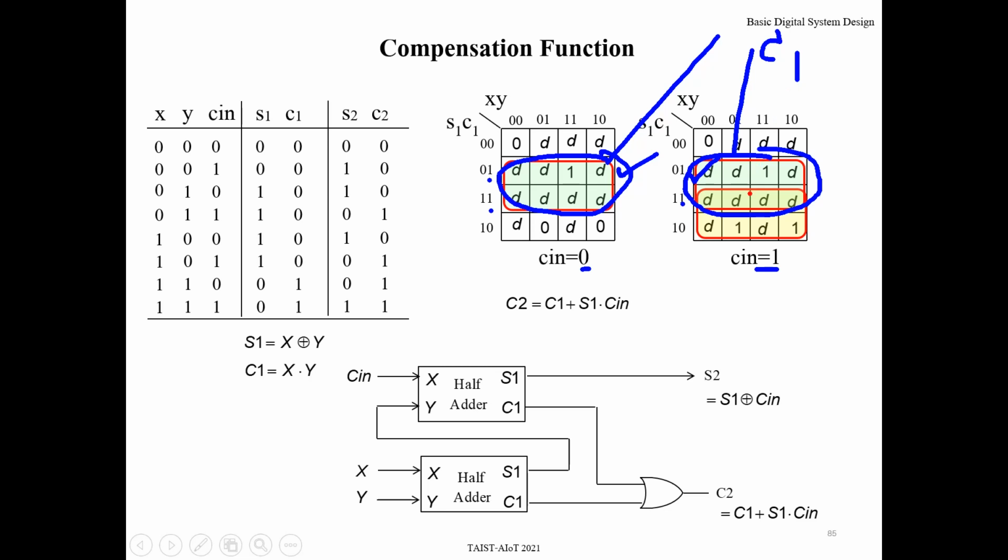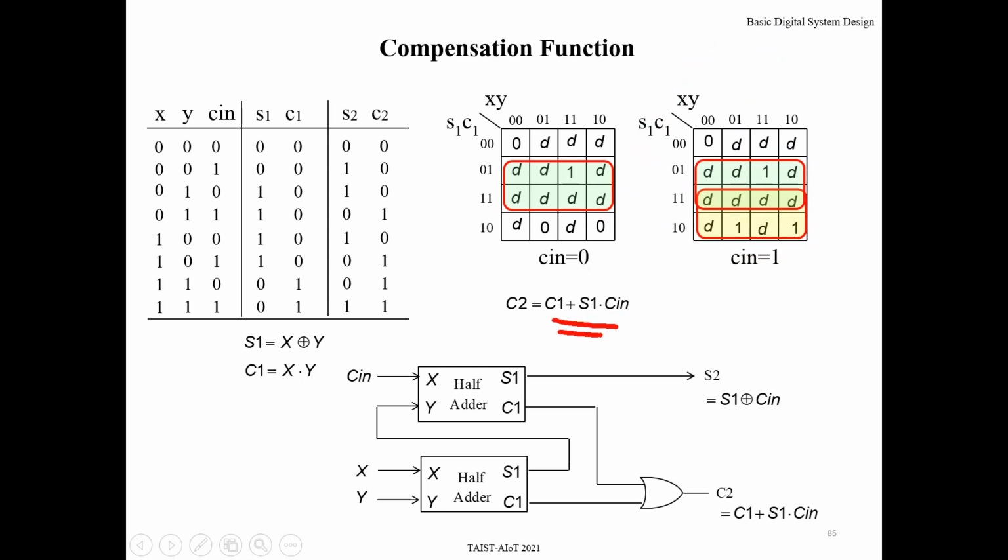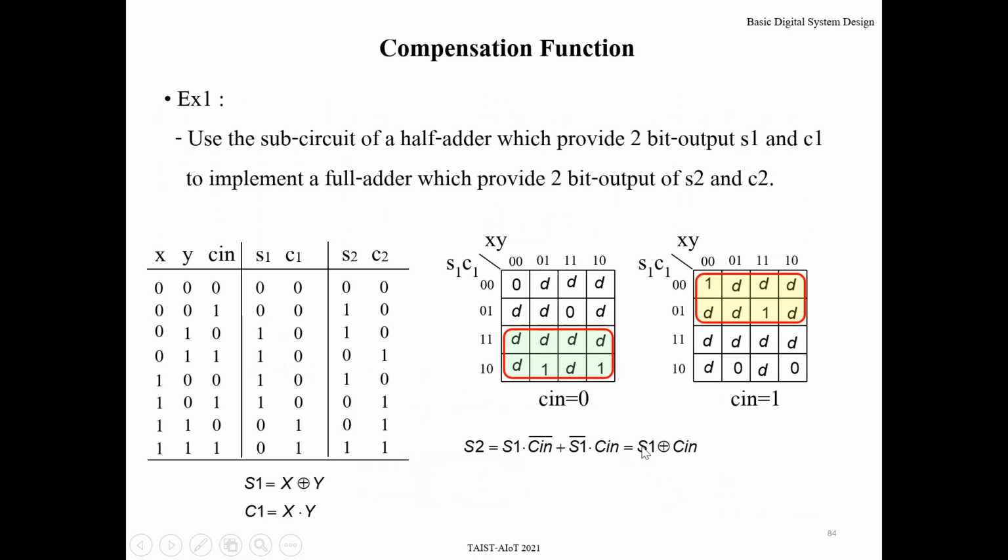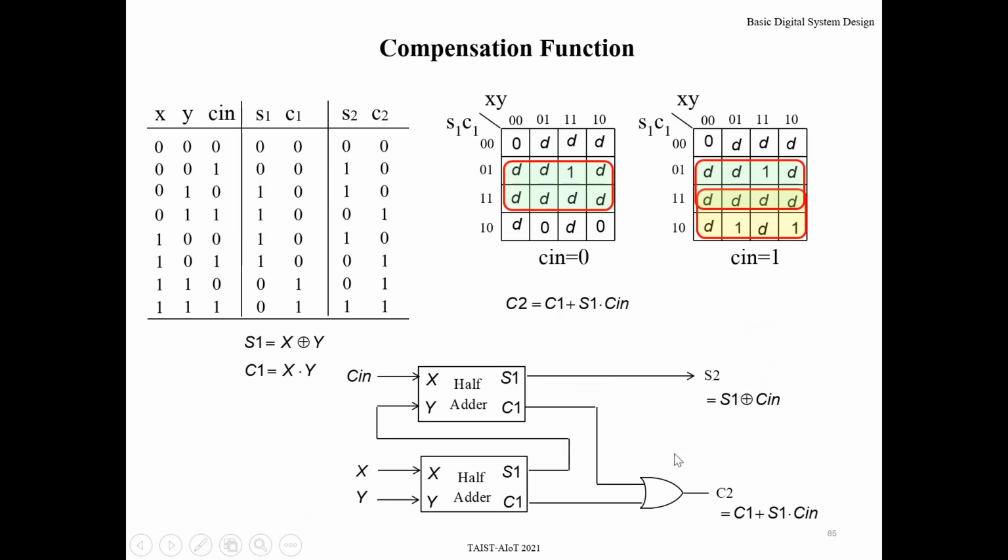And the left one, this one you must select, right? Then you choose this one. For this one, carry is 1 and S1 is 1. So it becomes S1 and carry. That's all.